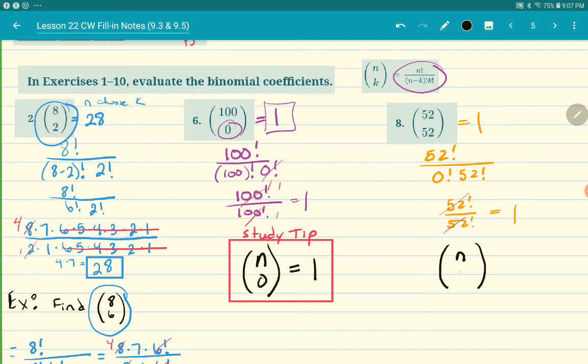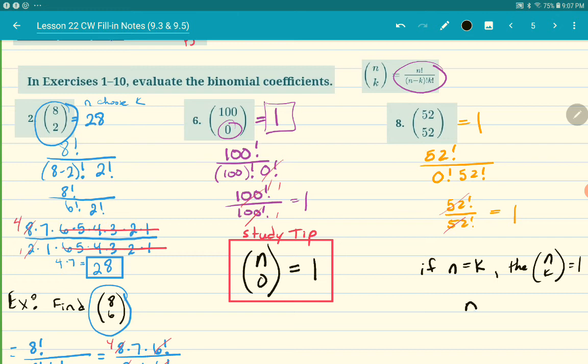So that would be n choose k where n equals k. How do I do this? If n equals k, then n choose k equals 1.